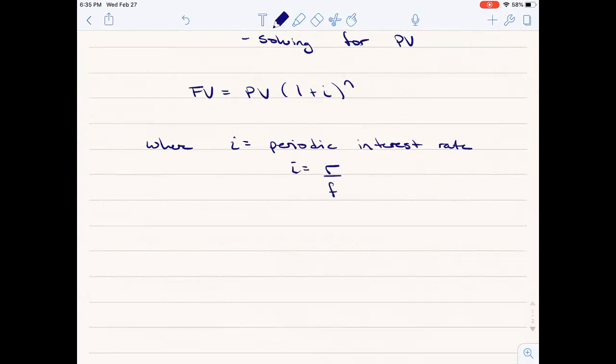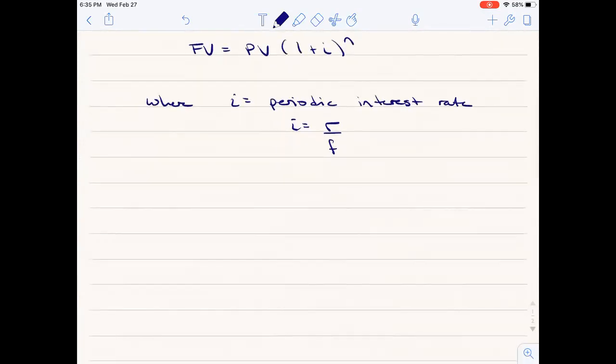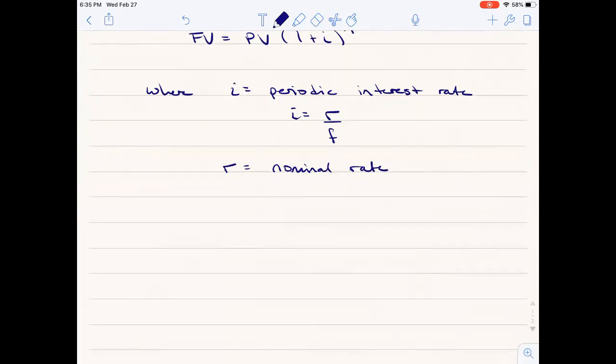r is the annual rate, so the nominal rate. r is the nominal rate. And f is the compounding frequency. So last day we went through and we made a table of all the compounding frequencies.